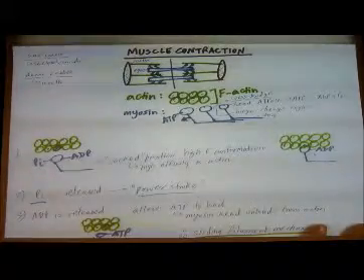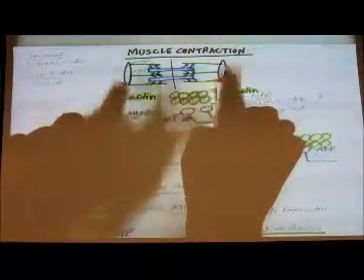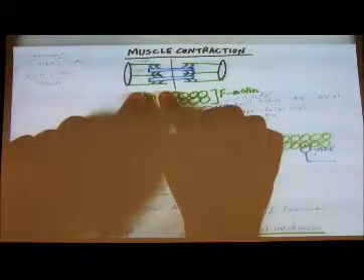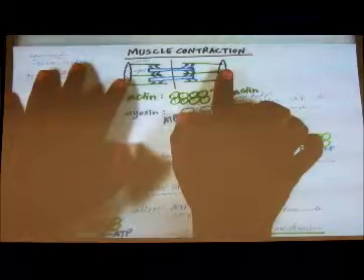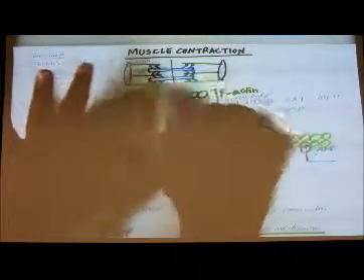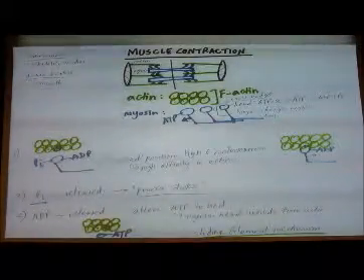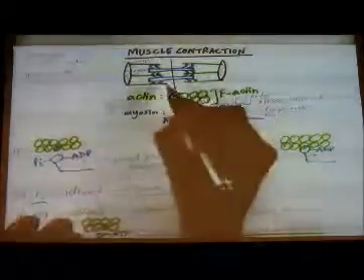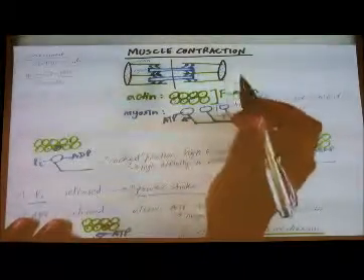So the whole point of this contraction is to bring the Z lines or the dense bodies to come closer together. And you can imagine how that allows the muscle overall to contract and shorten its length. And it's important to remember what zones in this contractile unit change because of the sliding filament.